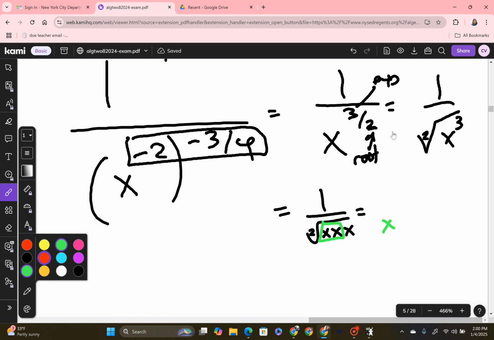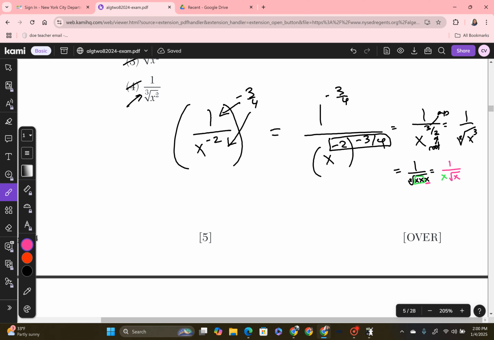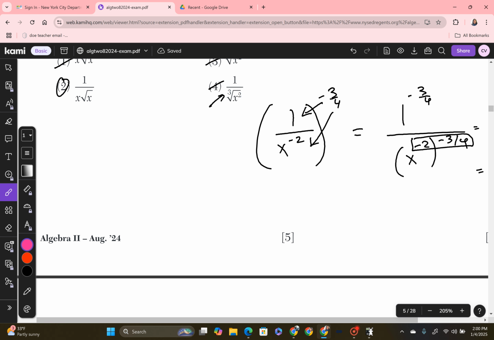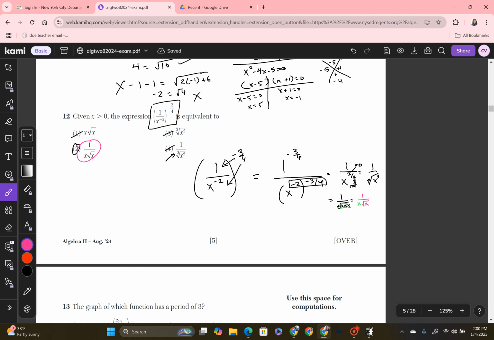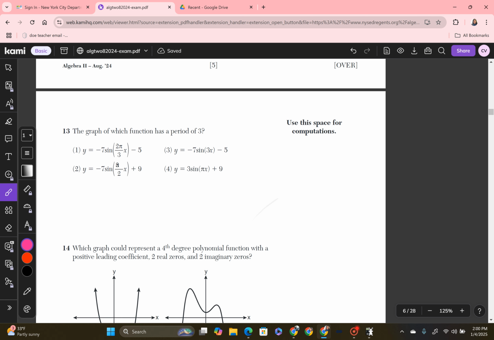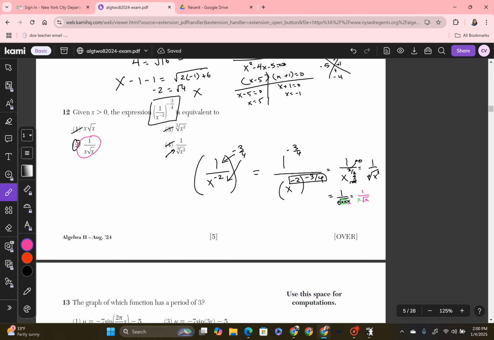And then there's still this little x inside the radical. So the radical x stays, the 1 goes on the top. That looks exactly like choice 2, right? 1 over, let me make that smaller, x rad x, and that is choice 2. And again, you could have used store for this question, or y1, y2.